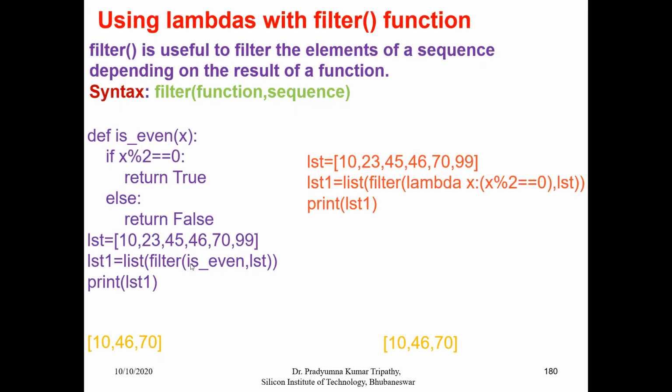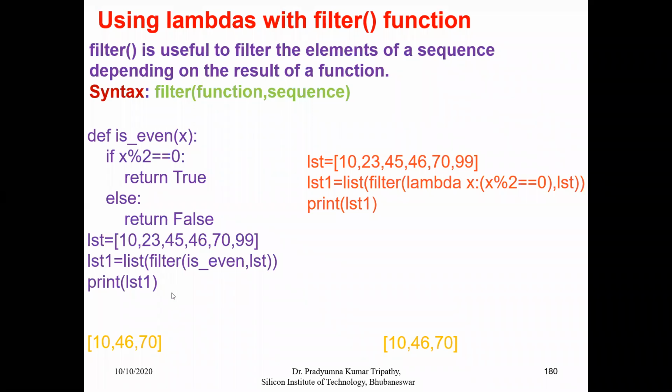I want this function to work over this list that is provided. So it will take one element from this list and go on executing is_even. Wherever the answer is true, it will return that value, which will be converted to a list and assigned to list1.